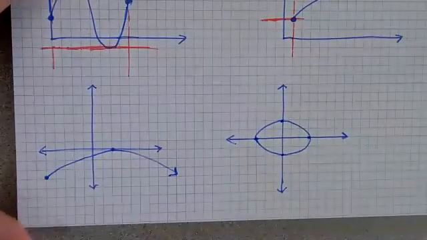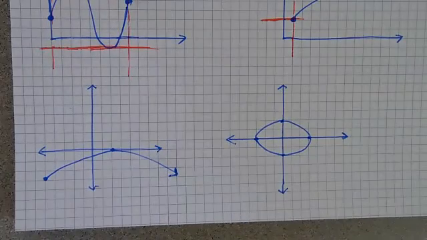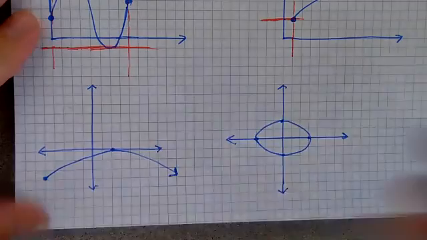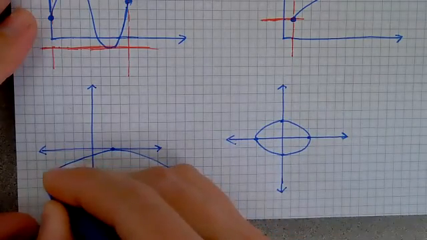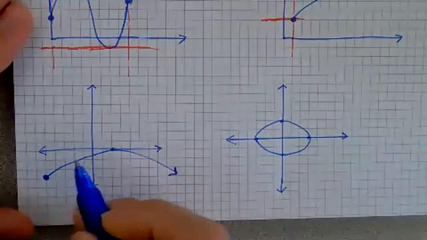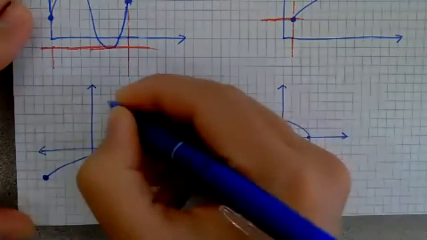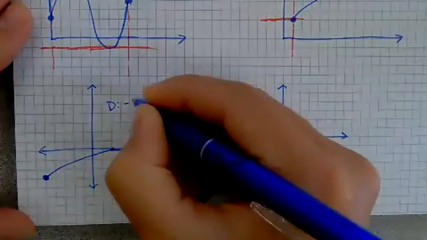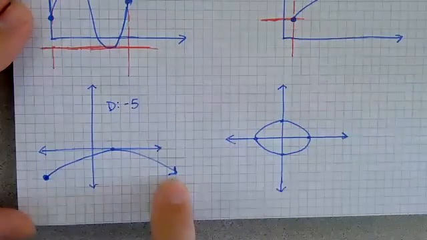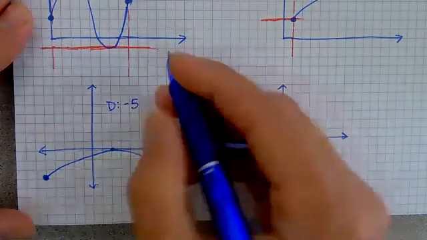Okay, try those two on your own. Okay, so we have our furthest value to the left over here at negative 5. So domain starts at negative 5, goes to the right forever. So it goes from negative 5 to infinity.